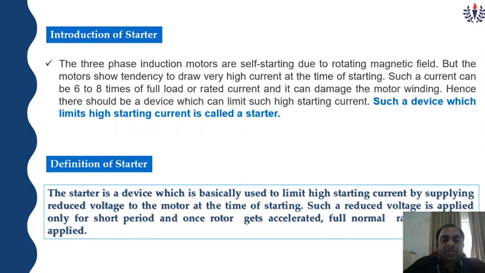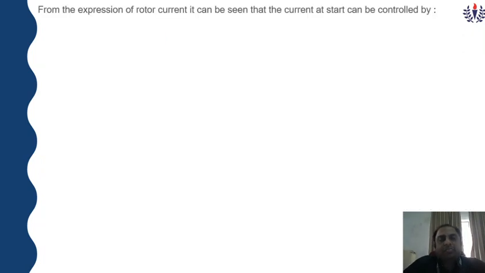The starter is a device which is basically used to limit high starting current by supplying reduced voltage to the motor at the time of starting. Such a reduced voltage is applied only for a short period, and once the rotor gets accelerated, that is rotating, full normal rated voltage is applied.